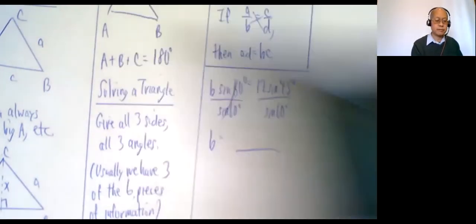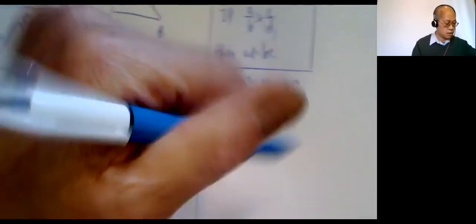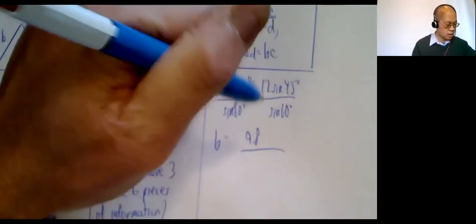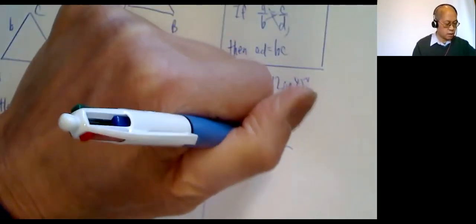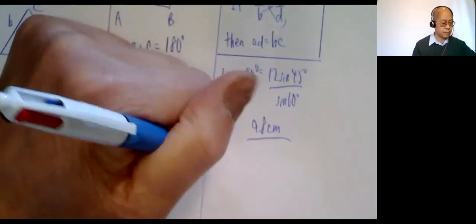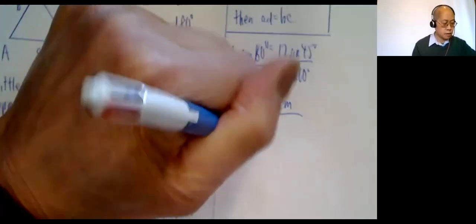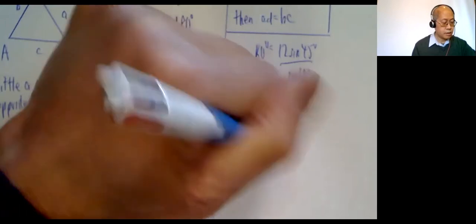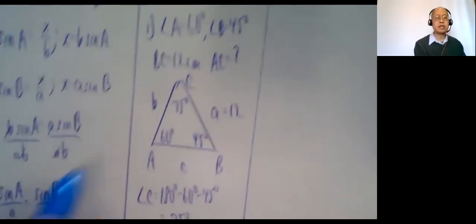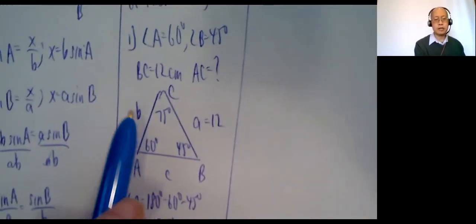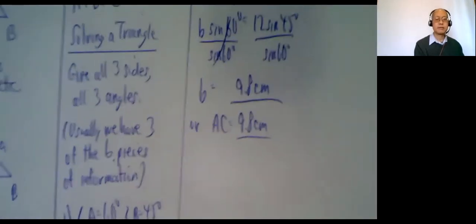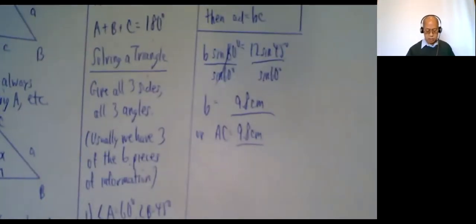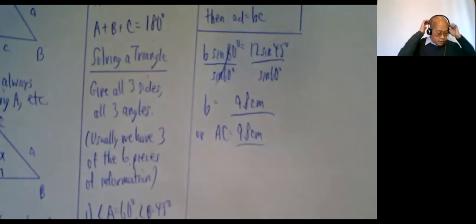Is that right? 9.8 centimeters. Specifically, they asked for AC. So AC means the distance from A to C, or you can use a little letter b. So that's that.